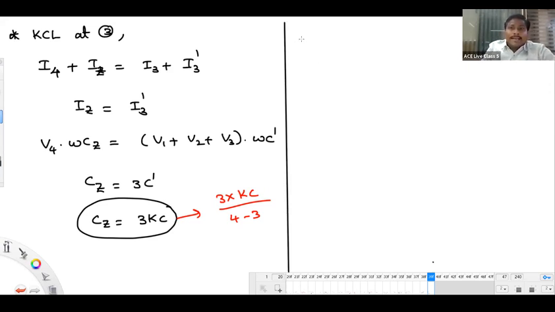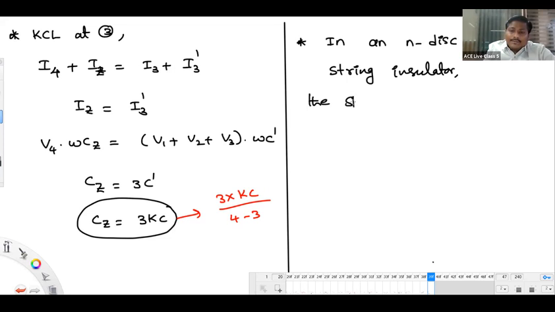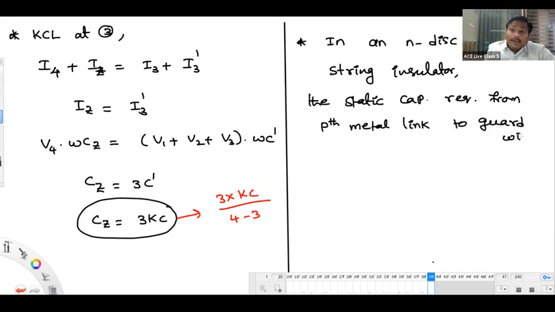In an N-disc string insulator, the static capacitance required from the pth metal link to the guard wire, I'm calling it CP.